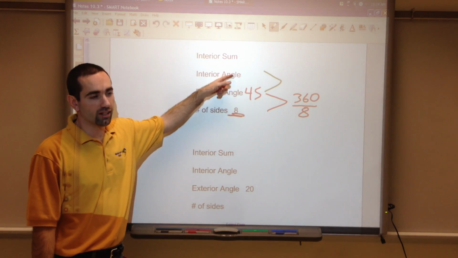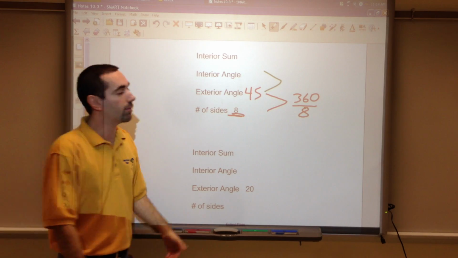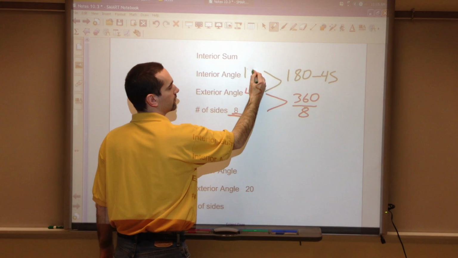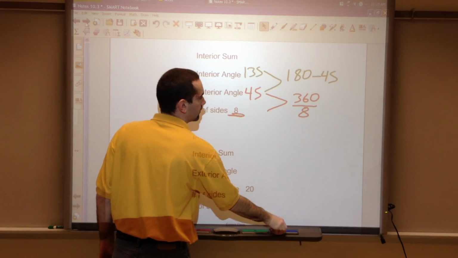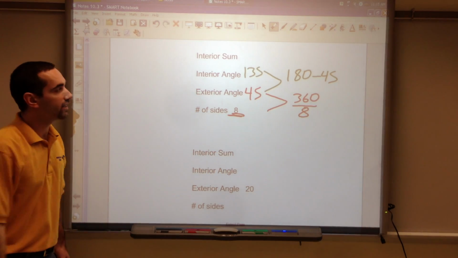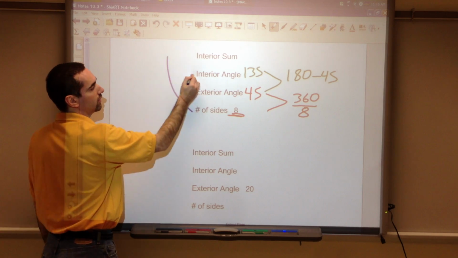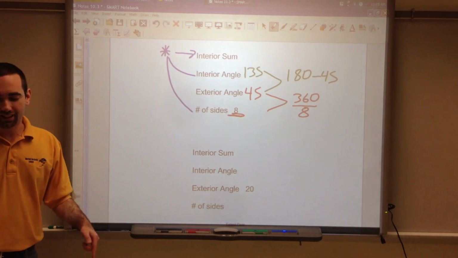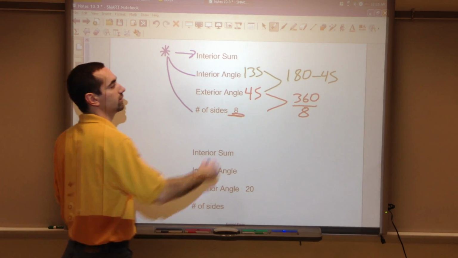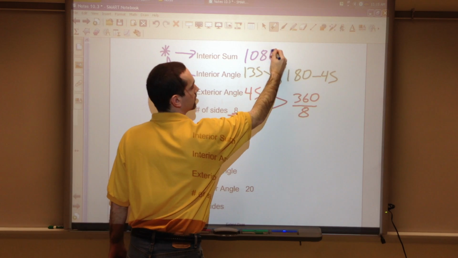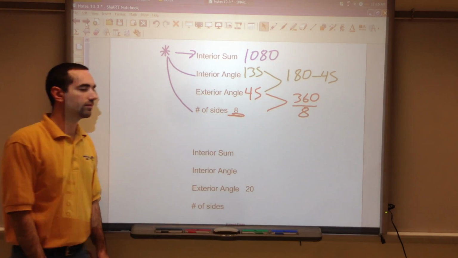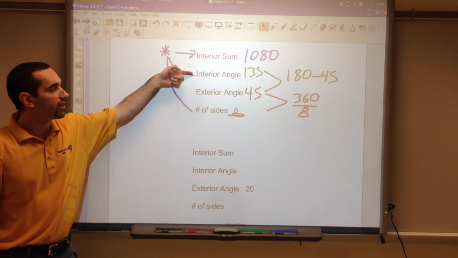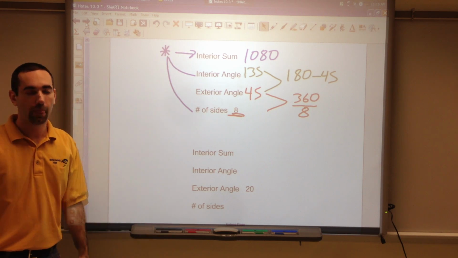To find the interior angle, given this, I'm going to do 180 minus it. 180 minus 45. Now find the interior sum. I multiply those two. So 8 times 135, 1080. So given 8 sides, here's your exterior angle, your interior angle, and your interior sum.